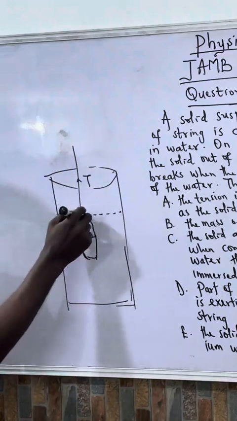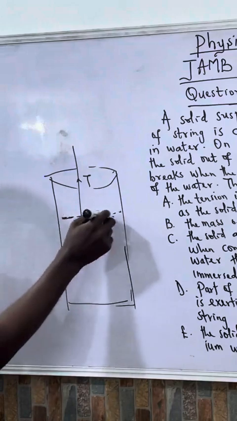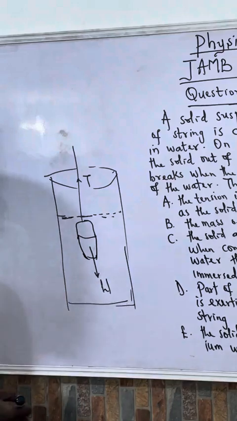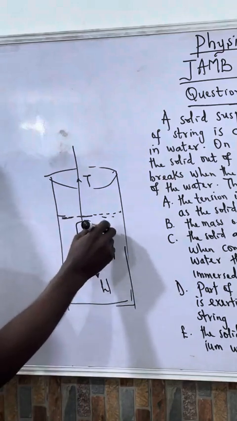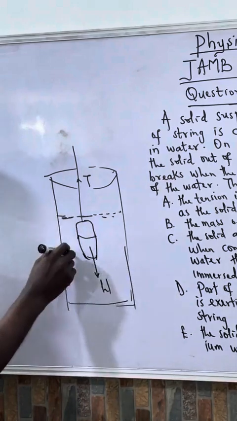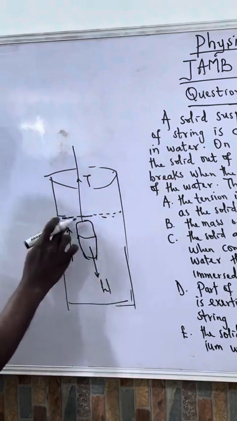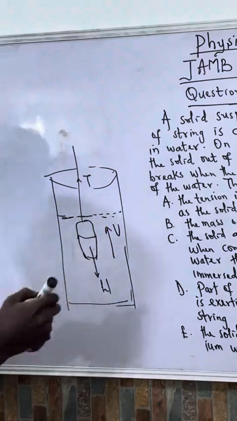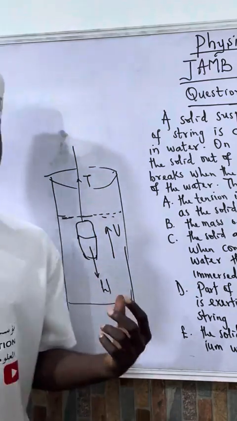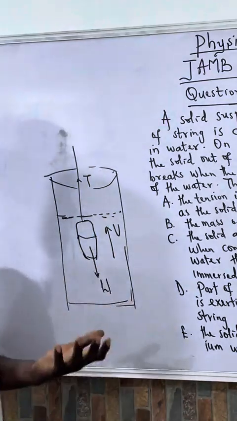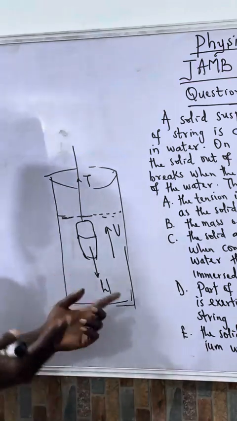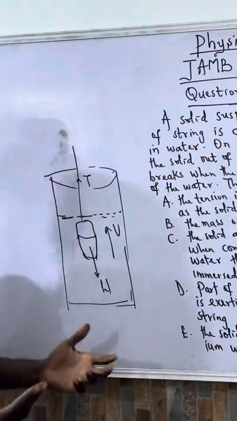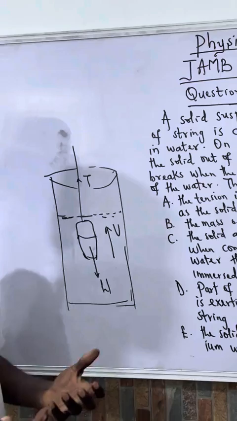When this object is completely inside water, the weight of the object is acting downward, and then there is a buoyant force acting on it. This buoyant force is known as the upthrust. Upthrust is the force that is dragging the body back up. So it's the buoyancy of the object.